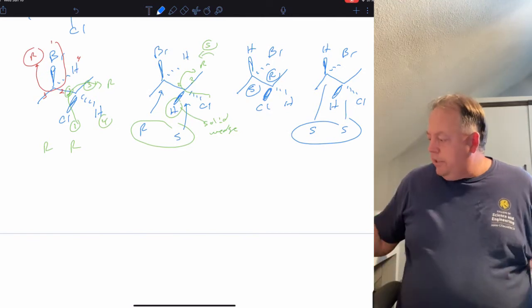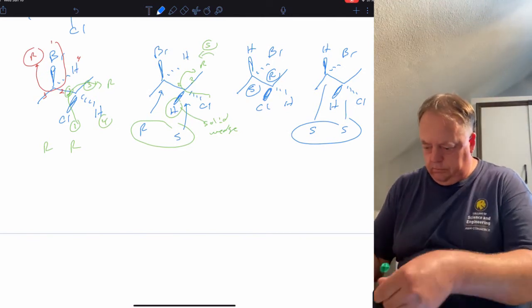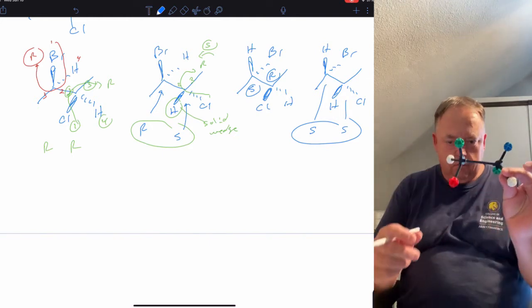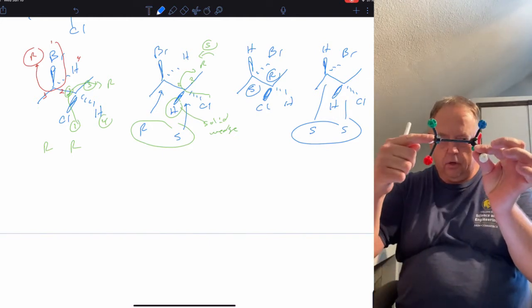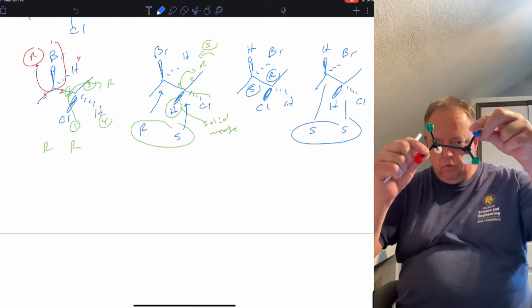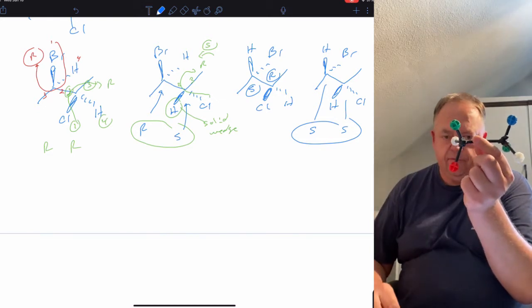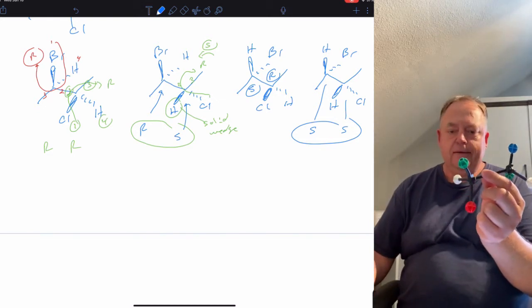Okay, so now what is the relationship between these? Okay, so we got a molecule with 2 chiral carbons. This carbon's got green, white, and red. And this carbon's got blue, green, and white. So both carbons have 4 different groups, so they're both chiral. Let's see.